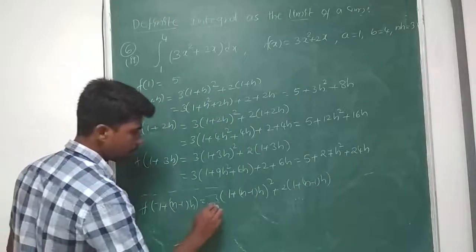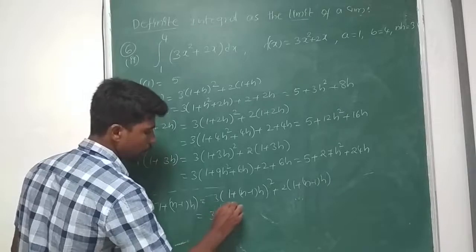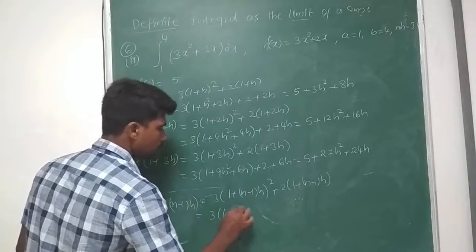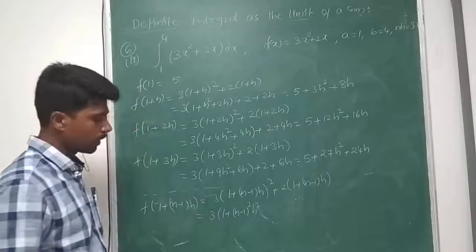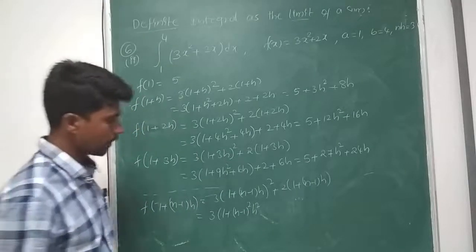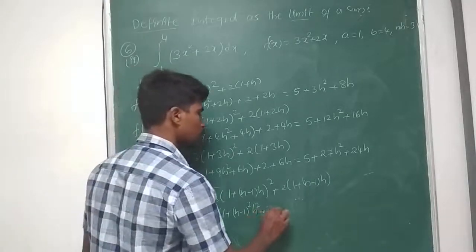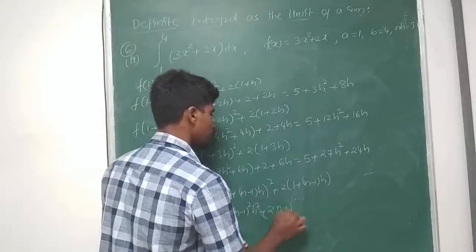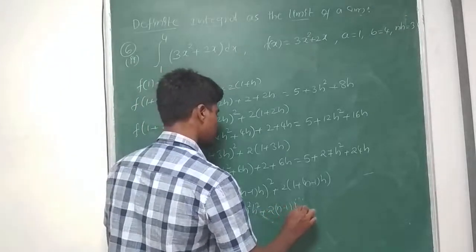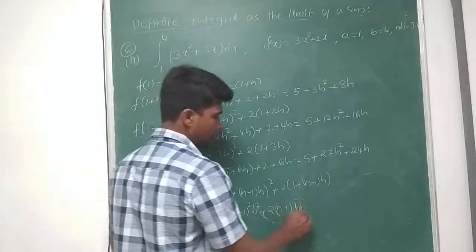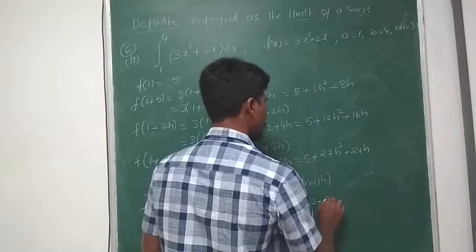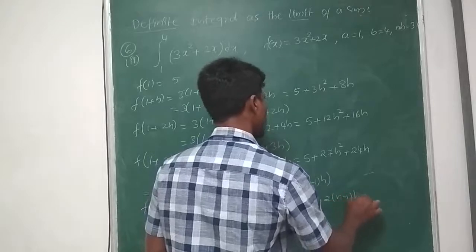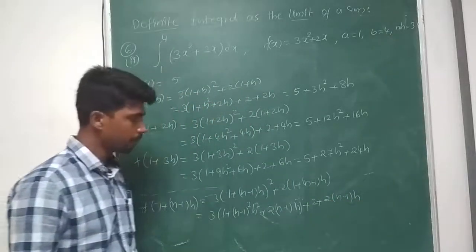If you simplify, 3 into (1 plus (n minus 1) whole squared into h squared plus 2 into (n minus 1) into h) plus 2 plus 2 into (n minus 1) into h.